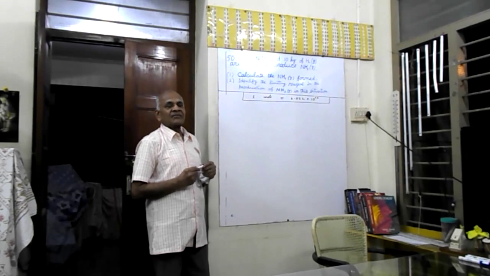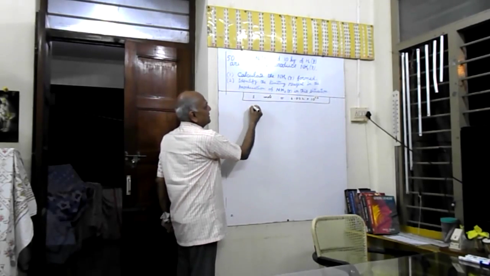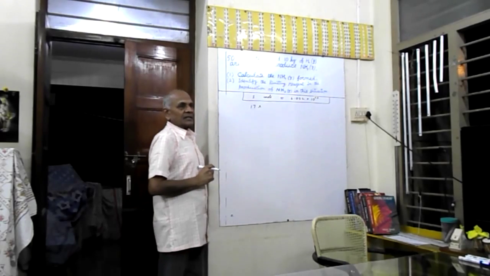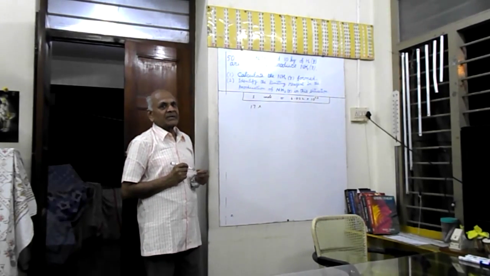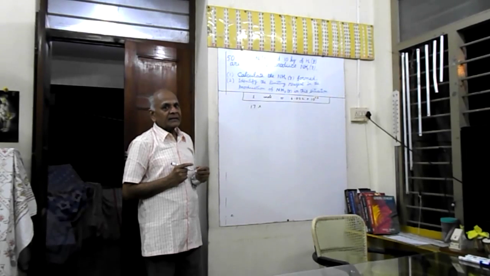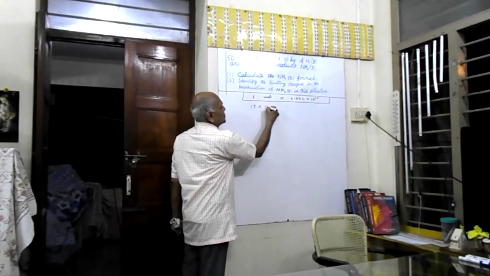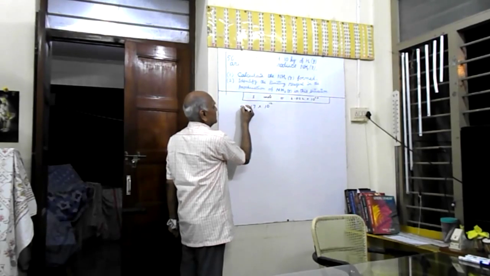What is the GDP of the USA? The present rate is 17 trillion. 10 to the power of 3 is thousand, 10 to the power of 6 is million, 10 to the power of 9 is billion, 10 to the power of 12 is trillion. So 17 trillion, I write 10 raised to the power of 12, so many dollars.